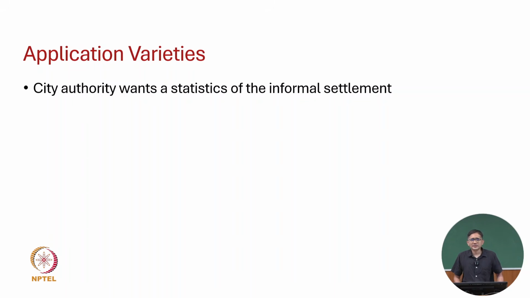I'm not saying a particular number, that's beyond my capacity, it's rather a policy study question. But let's say for this reason, the city authority wants statistics of the informal settlements. And again, one of the most convenient ways of answering this is from the analysis of satellite images.